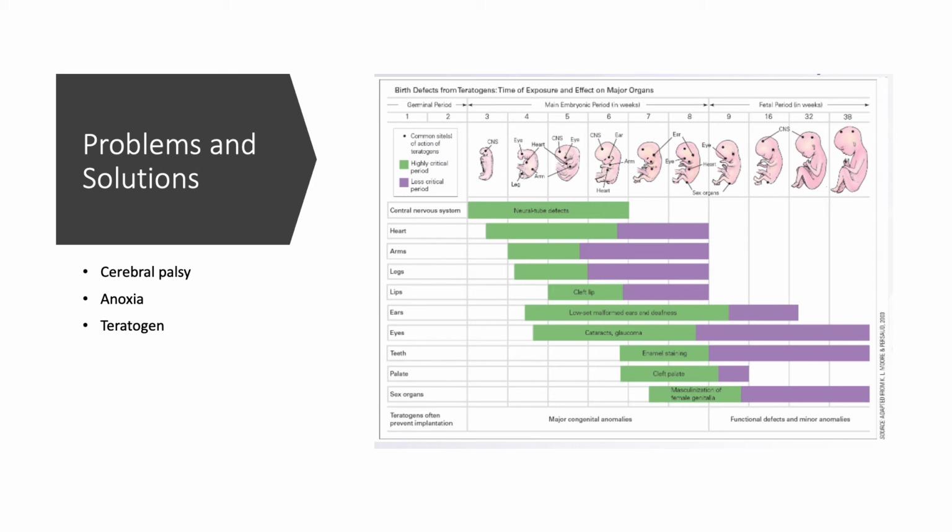So, for centuries, people didn't know what was causing some of the problems, specifically with microcephaly, which is a small brain in a fetus. And then when we had the Zika outbreak in the United States and other countries, we realized the harm that it could cause to an infant.